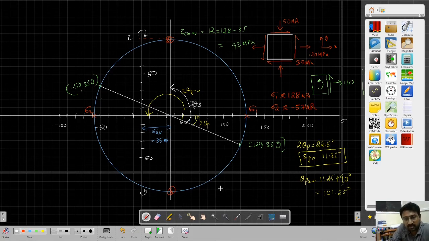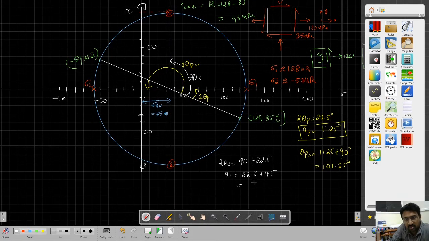So 2 theta s we can easily find. 2 theta s is equal to 90 plus 22.5, or theta s is equal to 22.5 plus 45, which is nothing but 67.5 degrees. So this is one angle. There is another angle. If you travel all around this, you'll get another angle. So basically you have to add 90 to this. So the first theta s is 67.5, and the second point is 67.5 plus 90, which is 157.5 degrees.